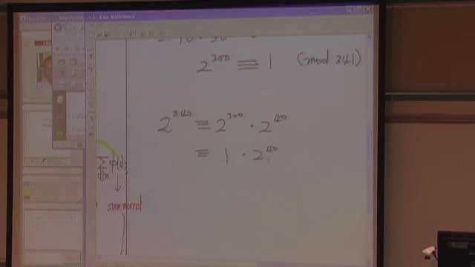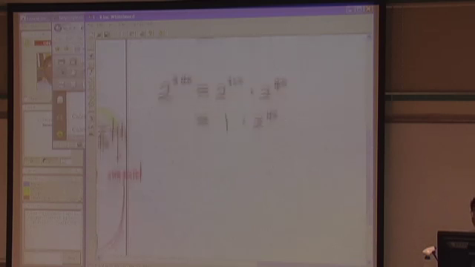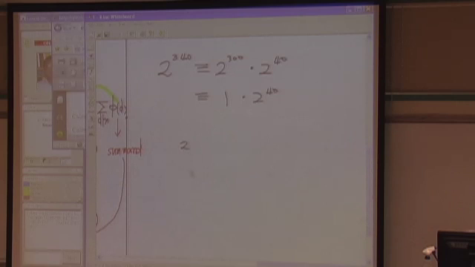Do you see? Then let's do it by binary exponentiation. 2 to the power of 1 is 2. 2 squared is 4. 2 to the power of 4 is 16. 2 to the power of 8 is 16 multiplied by 16. 16 multiplied by 16 is, thank you.